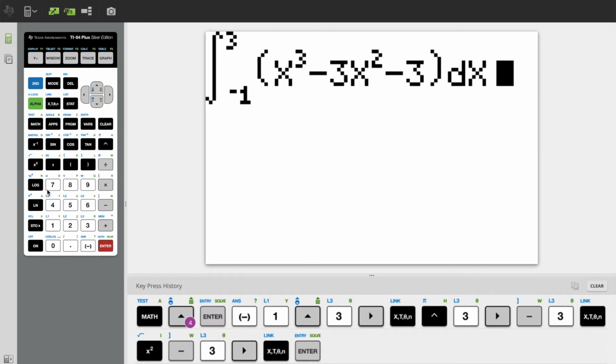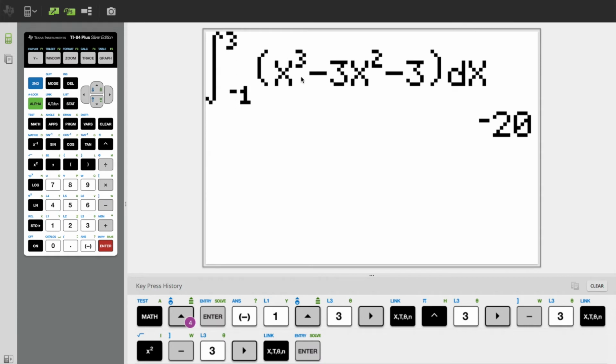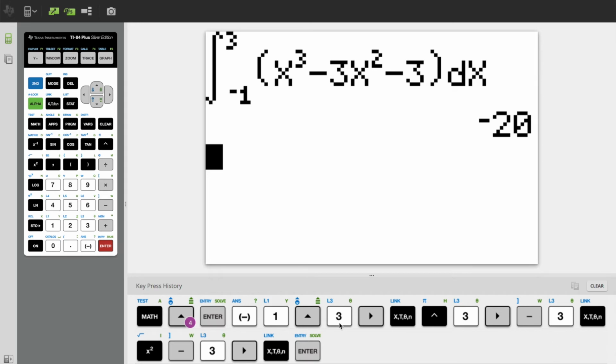Once you do that, press enter, and this is your definite integral from -1 to 3 of x cubed minus 3x squared minus 3, all with respect to x, is -20. As you can see down here, these are the buttons that I press to get to this.